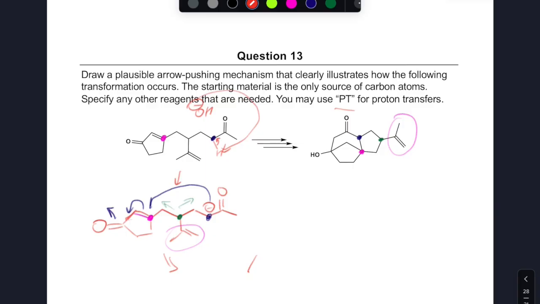So in doing that, what I've just done is I've closed this 5-membered ring between my blue center and my purple center. I've got this alkene fragment in the middle of the two, and then I've got this carbonyl over here.